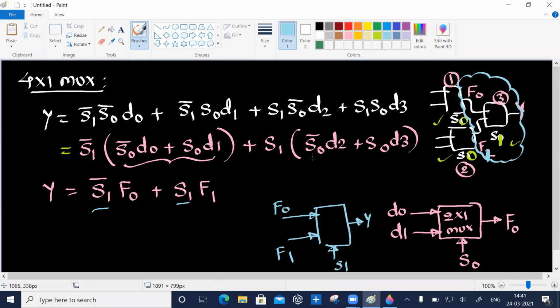That means first we realized these two. This is a 2 by 1 mux and this is also a 2 by 1 mux. So in the very first level, we realized these 2 by 1 muxes. Then we realized the final one. Are you able to understand now?